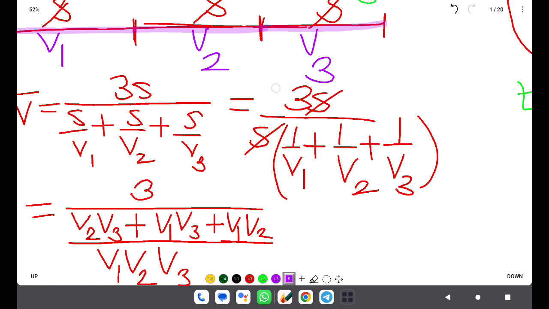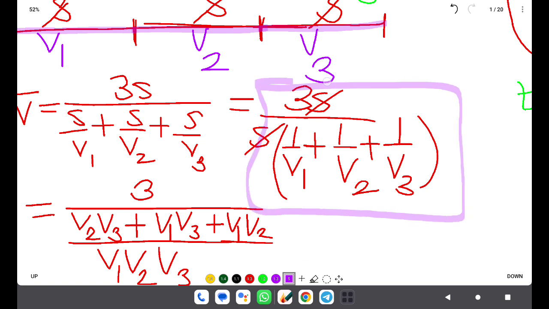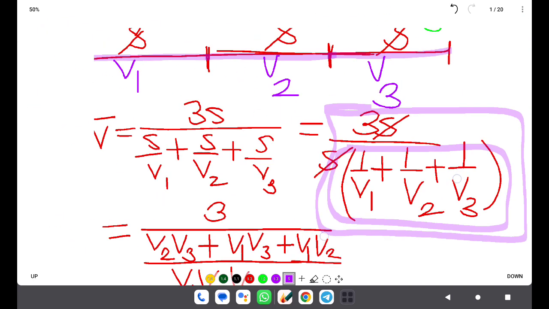If you focus on this particular area, you will get a very clear idea in your mind.